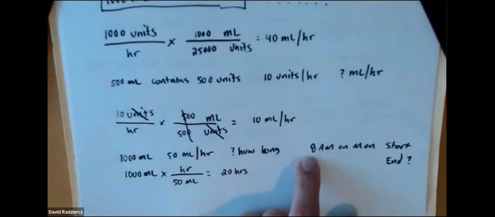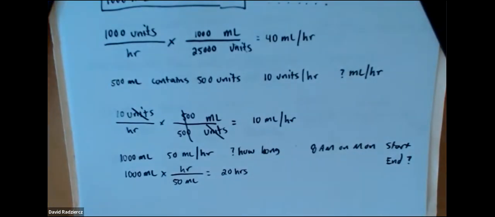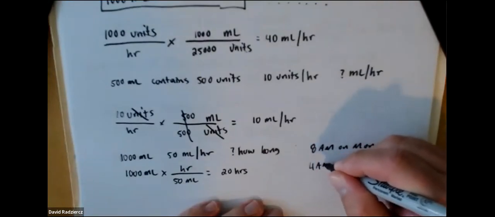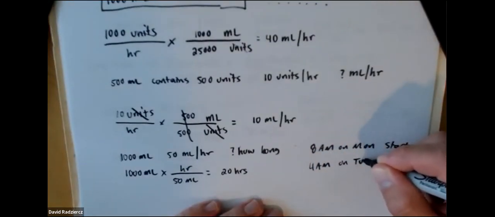If it started 8 a.m. on Monday, then we have to say, what time will it end if we know what time it started? So let's do 24 hours from then, which would be 8 a.m. on Tuesday. 24 hours is close to 20 hours. Take away 4 hours, it would be 4 a.m. on Tuesday.